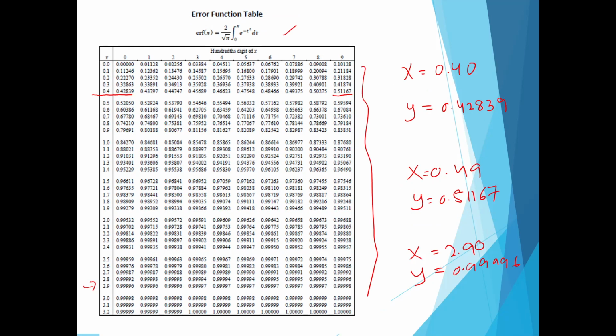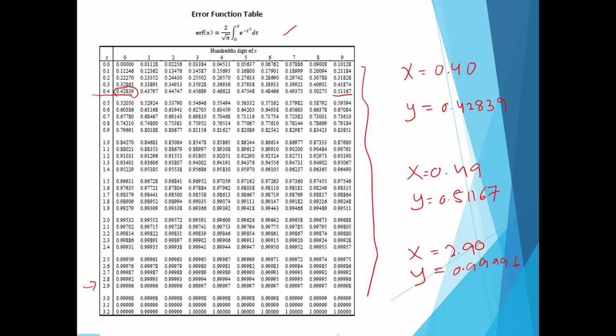But if you look at the error function table, it produces 0.42839. So if we use the error function table, we take this value, then we do 1 minus this value to get the complementary error function value.